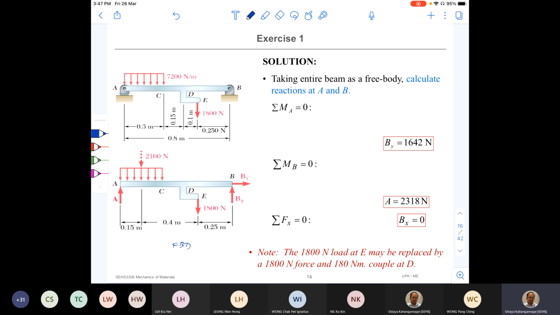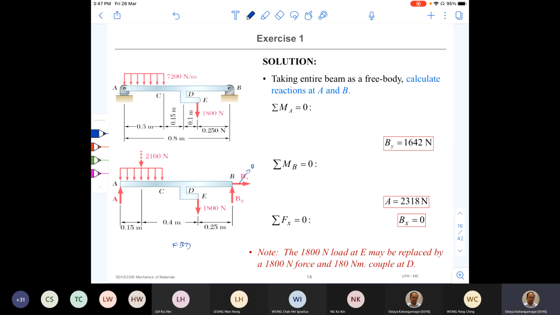Therefore, we mark the X component and the Y component of the reaction. But by observation, you can say that this X component Bx is 0, because there are no X direction external forces. Therefore, Bx is 0.